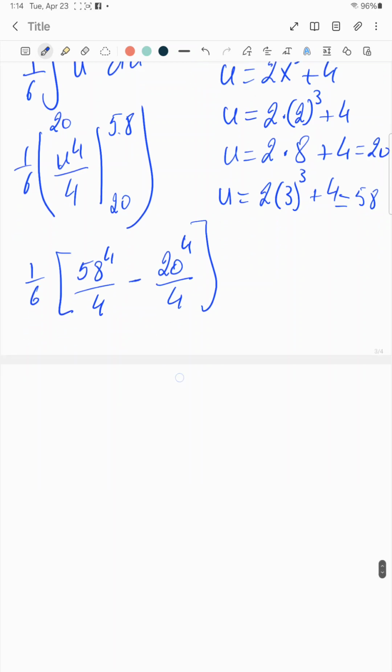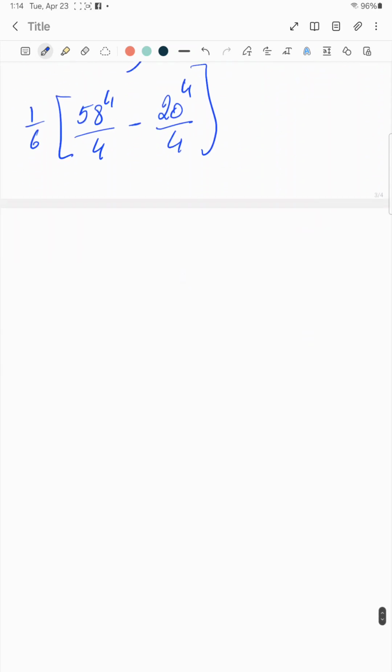Let's do another example. If I have the integral of e to the power of x times sine of e to the power of x dx. By looking here, if I take u equal to e to the power of x, my du will become e to the power of x dx, because the derivative of e to the power of x is e to the power of x.